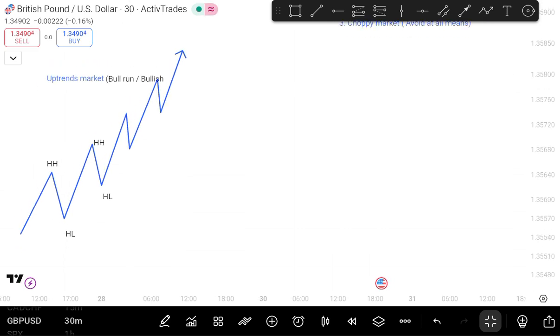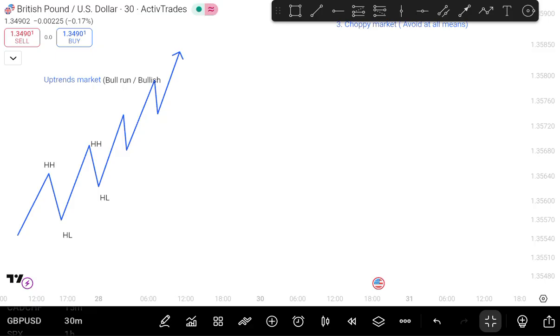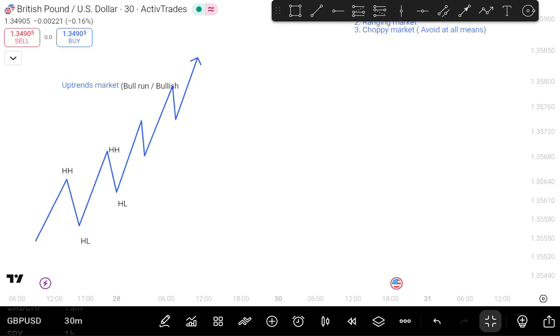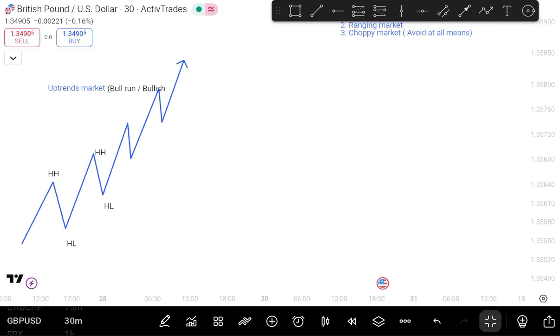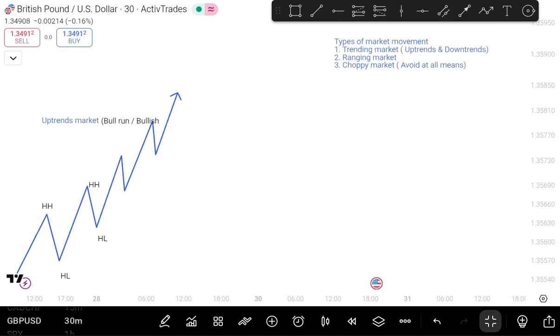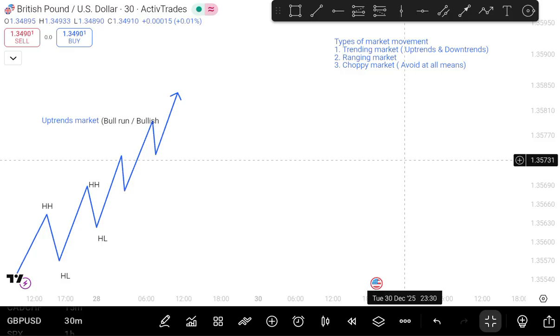When the market is moving up, we call it a bullish market, and when it is coming down, we call it a bearish market. Now, this is an uptrend market where the market is forming higher highs and higher lows.